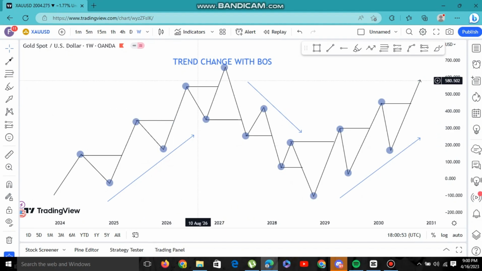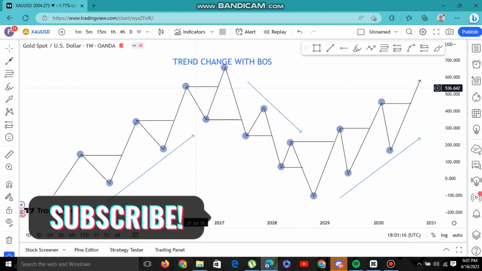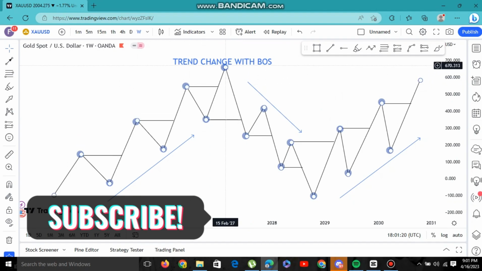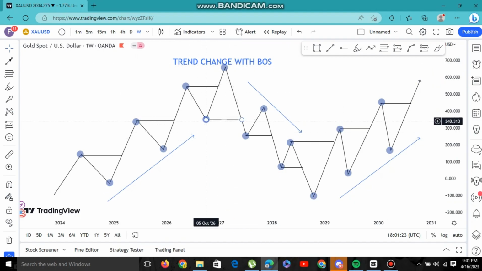So the highs were continuously taken out until when one strong high appeared that broke structure to the downside, and then you see when this last strong point took out the previous high, and then the market decided to take out this strong point. That's when the market changed direction.